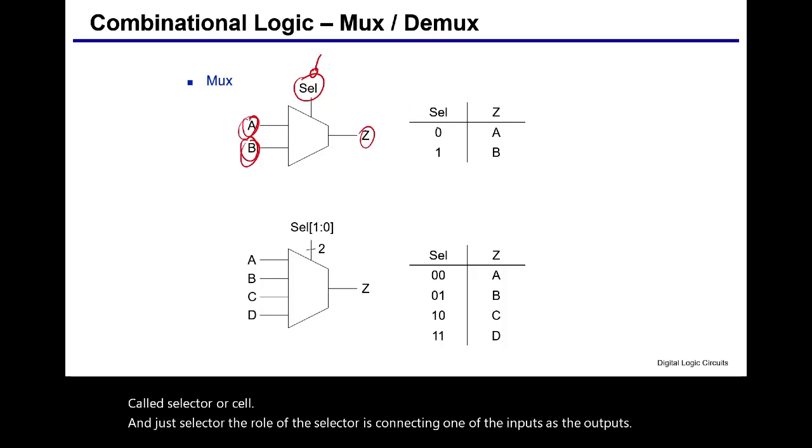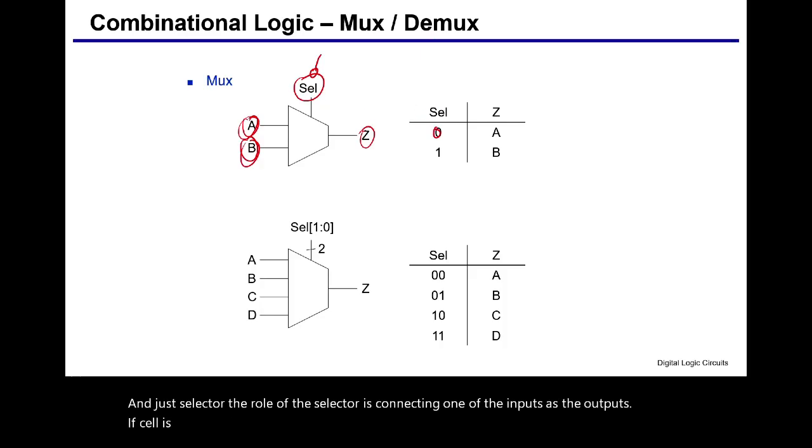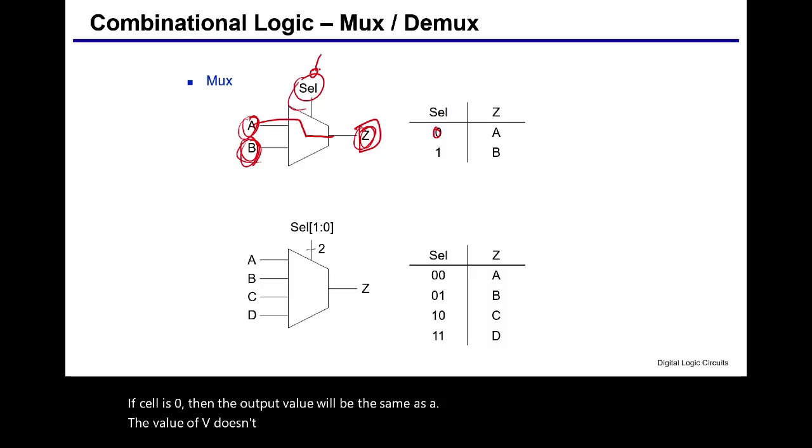So if sel is 0, then the output value will be the same as A. The value of B doesn't affect the output when sel is 0.